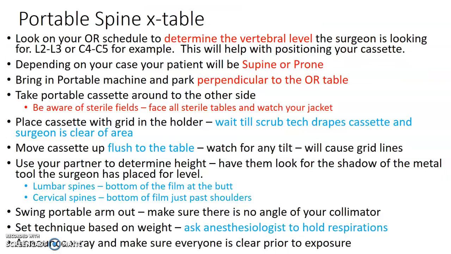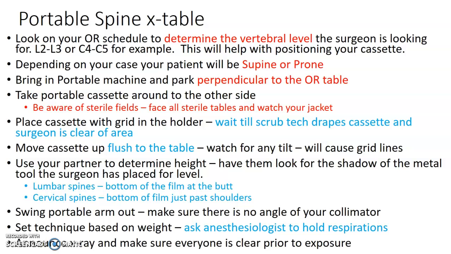Portable spines. So when you're in the OR and you're looking at your schedule, they will make a little asterisk on the cases that have C-arms or not. If it doesn't have a C-arm and it's a spine case, that means that they want a shoot-through lateral at some point. I always look at my schedule first and say, what level are they working at?